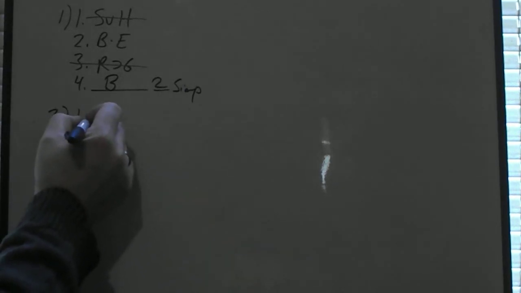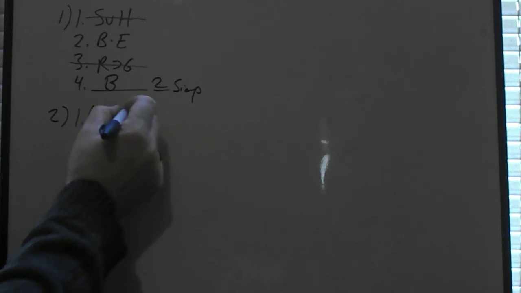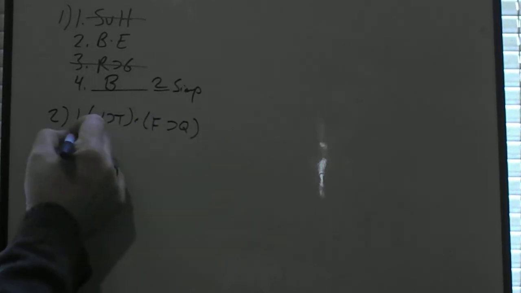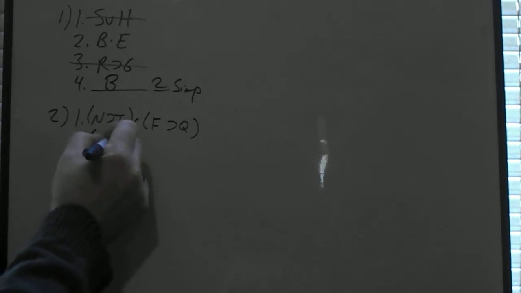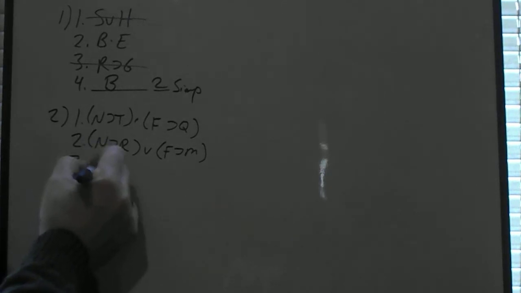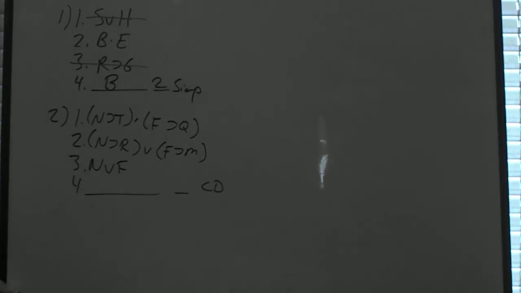Number 2, we've got N then T, and F then Q. Line 2, N then R, or F then M. Line 3, N or F. And line 4, they want us to figure out, but they tell us they want us to use constructive dilemma. So for constructive dilemma, you need two conditional statements joined together by the dot.